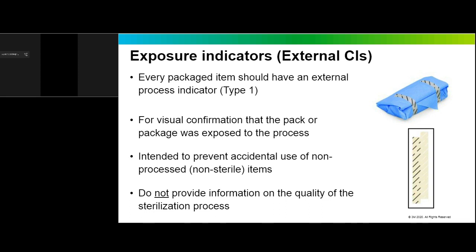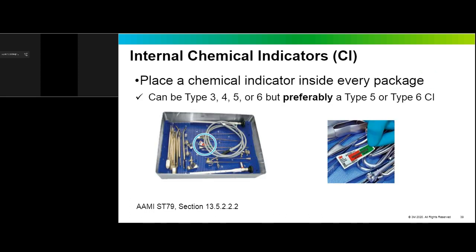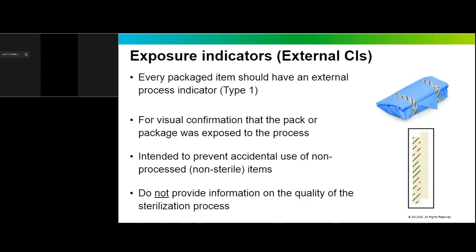They are intended to prevent accidental use of non-processed items. And it's sad, but almost every year we do hear a story where somewhere in the country an item that never was sterilized is somehow given or taken and used in the OR.